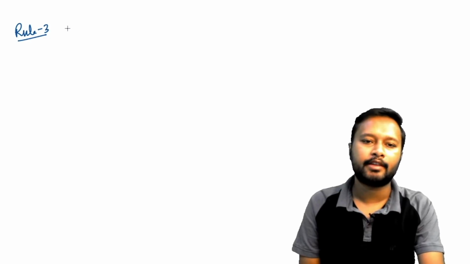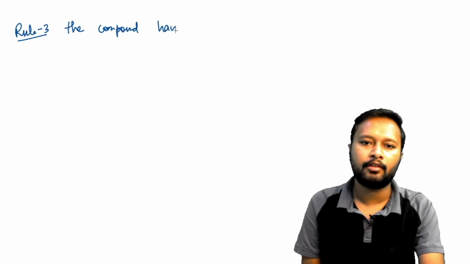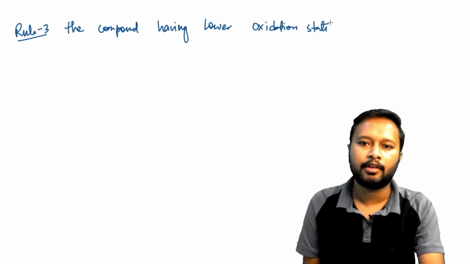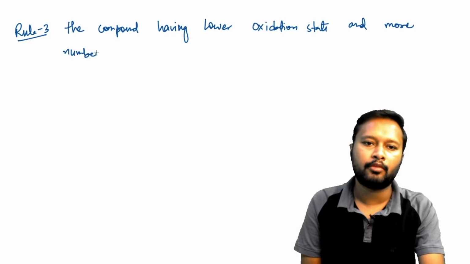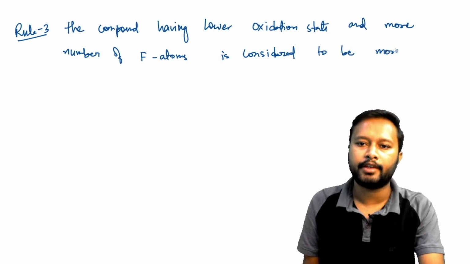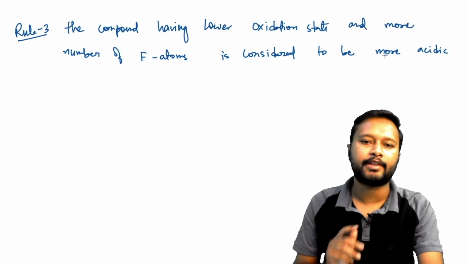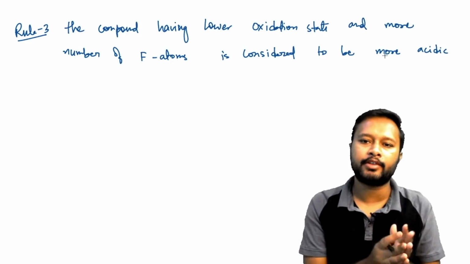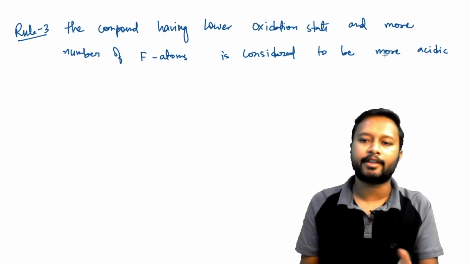The rule says that the compound having lower oxidation state and more number of fluorine atoms is considered to be more acidic. As simple as that.